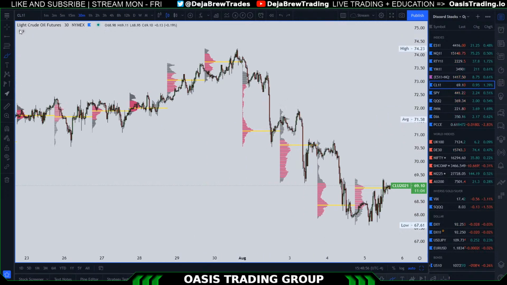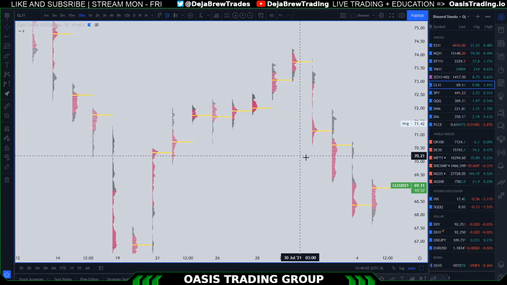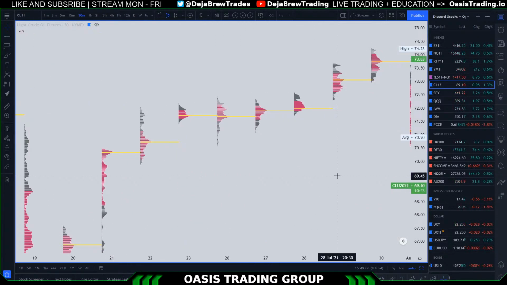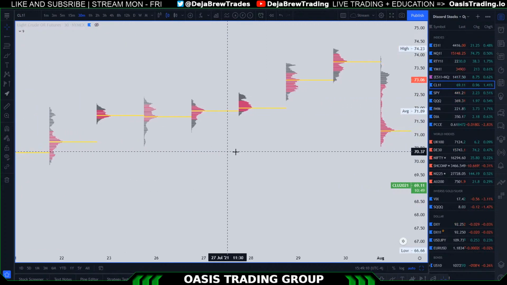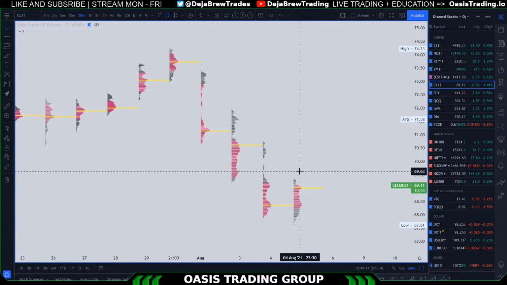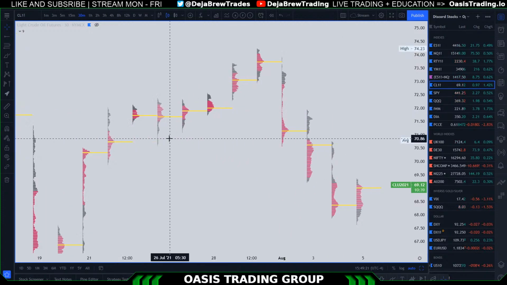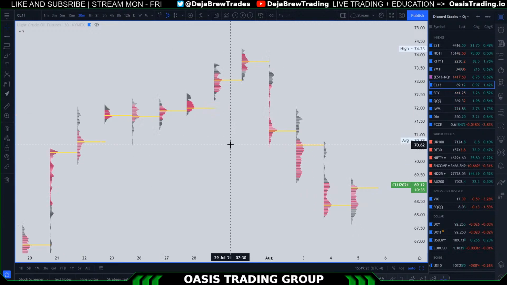That's also a very good way for you guys to practice: hide your candles. This is what Sierra looks like. Sierra charts doesn't have candles. It's just volume profiles. So if you hide your candles, look at how the day is playing out with just the profiles. By just looking at the profiles, we can tell what's happening here. We don't need the candles.